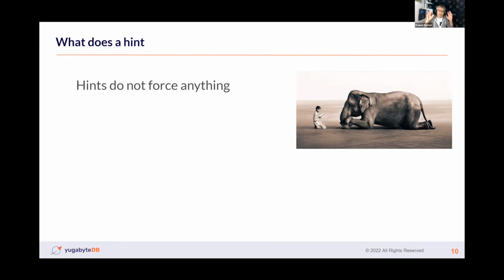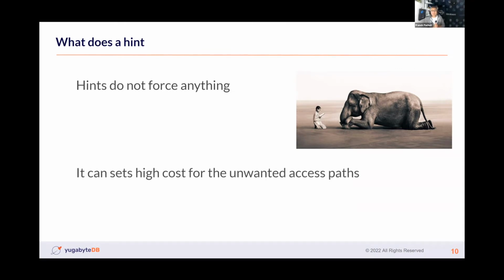So basically, if you say go through index for this table, it will be more like do not consider the other possibilities except if you have no choice. And basically what it does, it sets high cost for the path that you don't want. So if you say go through index for that table, it will just artificially put a very high number on the cost of the non-index access path.